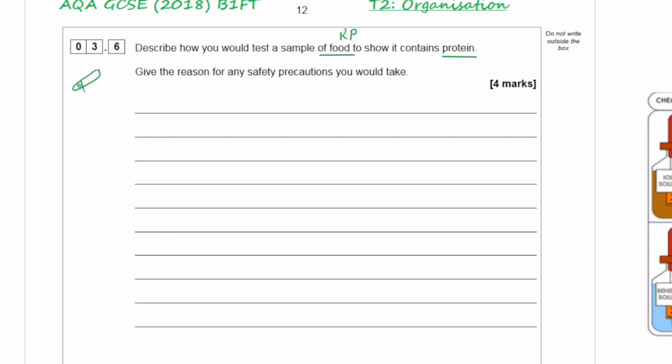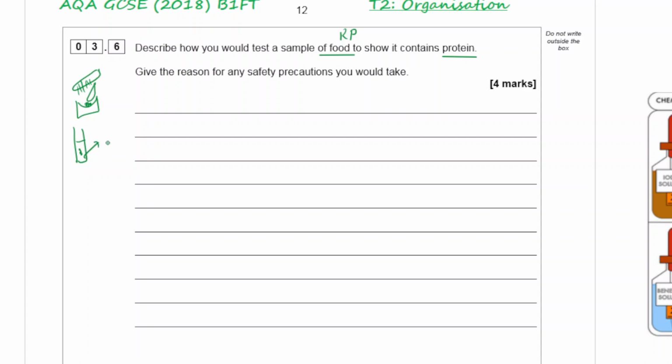You would cut the piece of sausage into small pieces, and then you would put it into a mortar and pestle and grind it into a thin paste. Then you would put the paste into a test tube with water and shake it. Once you shake it, it should release some of the proteins that was inside the food into the water.